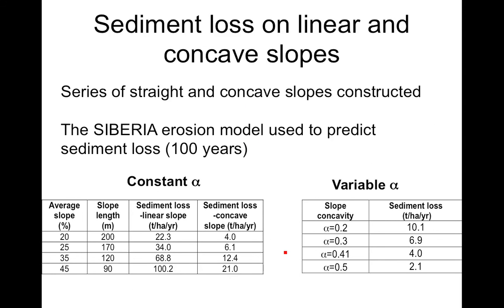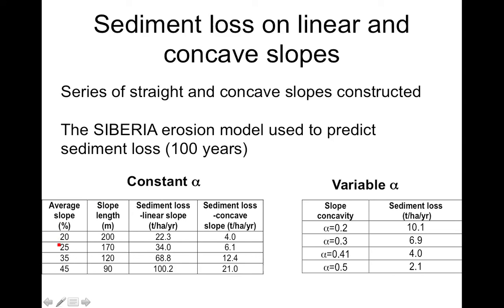So what happens to the sediment loss depending upon this alpha parameter and the slope length, right? How does the concavity impact the sediment transport? Well, Greg set up a model using his model Siberia that modeled the sediment loss over 100 years, and he looked at the average slope using a constant alpha, and he did the simulations and estimated the sediment transport.